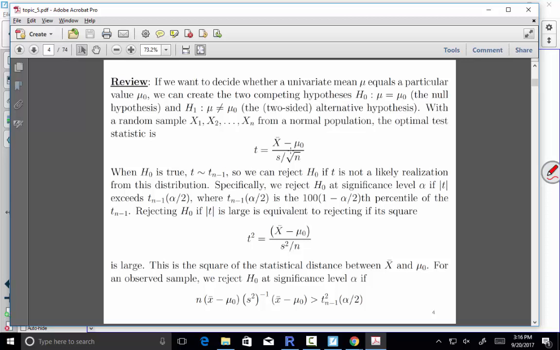And a sensible way to do that is to standardize x bar as if the null hypothesis were true. So if the null hypothesis is true, then this that we observe should have come from the expected reference distribution.